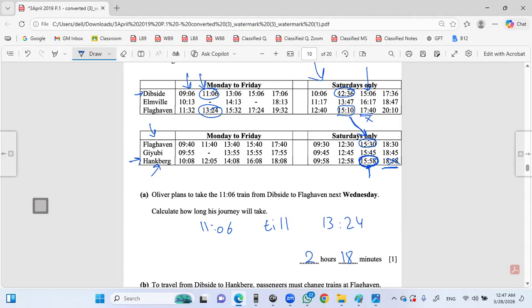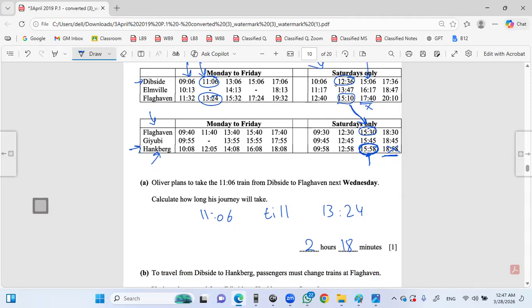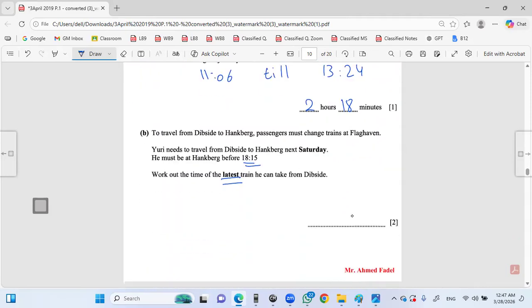So the answer is 12:36. This is the train that he must take from Dipside to arrive at Flaghaven at 15:10. Then he takes the 15:30 train until Hangberg at 15:58. So 12:36 is the answer.